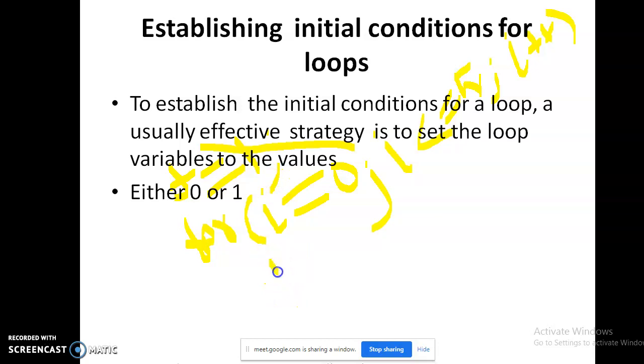When I write f equal to f into i, shall we get the result? Should this loop help me produce the 5 factorial value?